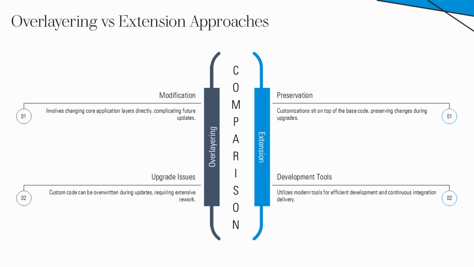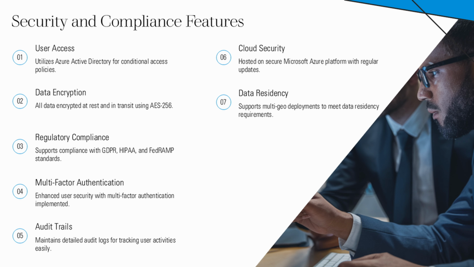A base license such as Finance or Supply Chain Management starts at $180 per user per month, with add-on licenses for additional modules at reduced rates. This shift from capital to operational expenditure benefits organizations seeking financial flexibility and ensures a predictable and manageable cost structure.